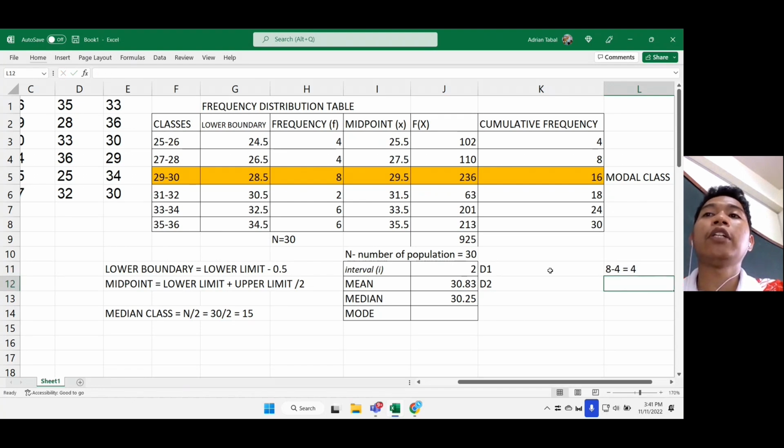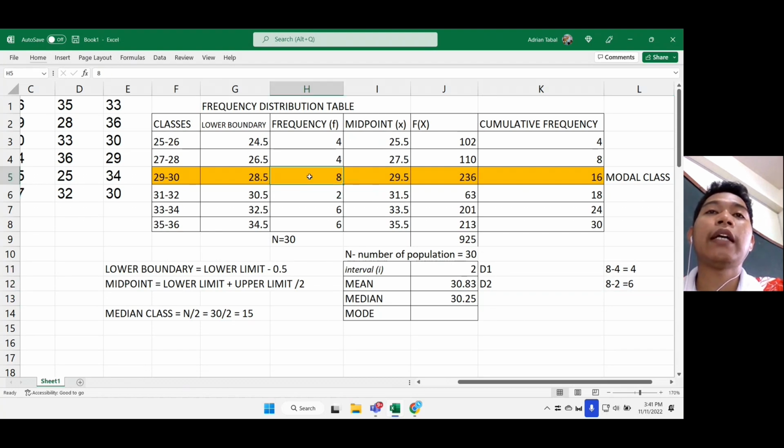So D1 is 4. D2 is the frequency of the modal class minus the frequency after. That is 8 minus 2 equals 6. So we have the values of D1 and D2: 4 and 6.